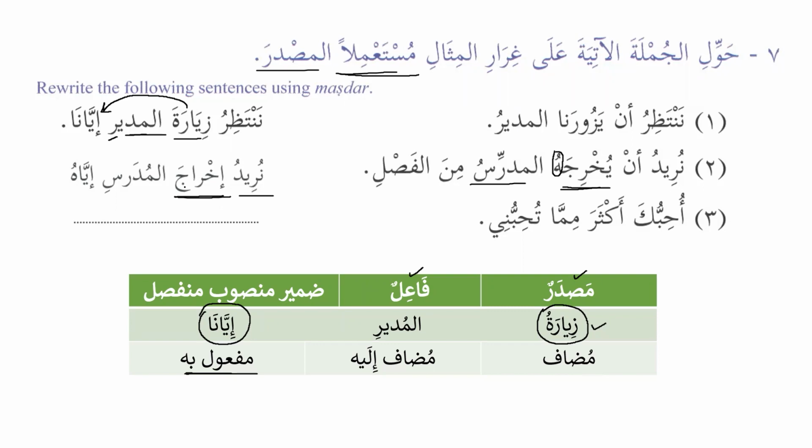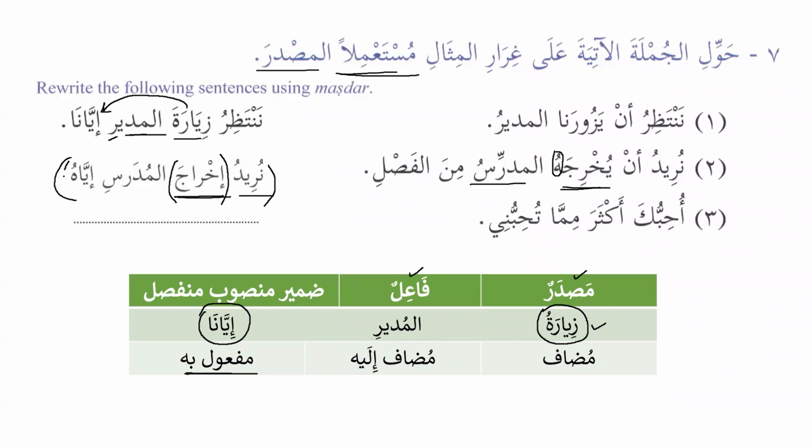So now we have to learn how to break our sentences into different parts when we are analyzing the sentence. So first, the masdar can be anything. Here, basically, this part we will say fa'il plus maf'ul bihi, right? So nuridu ikhraja, we want the exit, okay? And then if we break the next part of the sentence, it becomes ikhraj al-mudarrisi iyyahu, we want the teacher to send him out of the classroom.